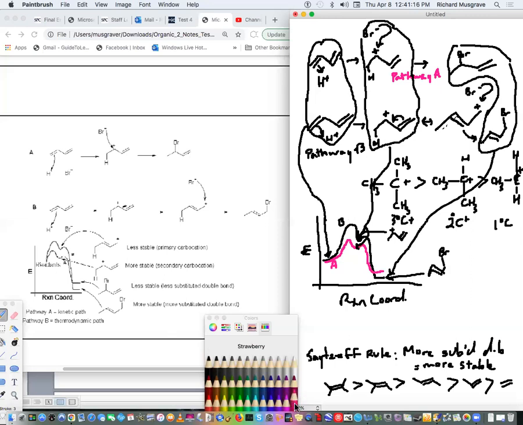Now I'll go back to pathway A, and the product of pathway A is this. It's going to have the Br and the double bond here on the end, and the intermediate here will be pathway A. Sorry, I actually mixed those up.